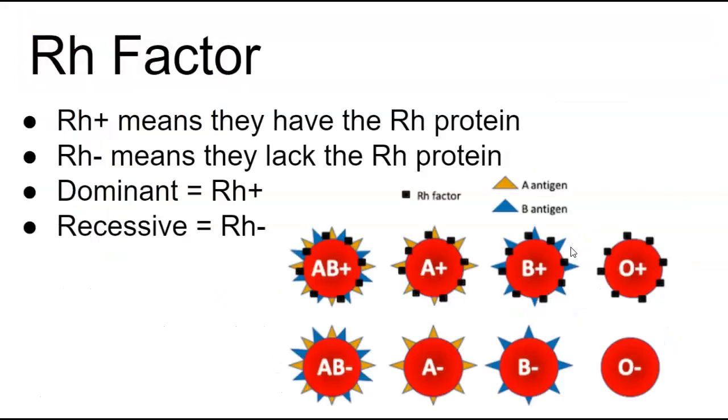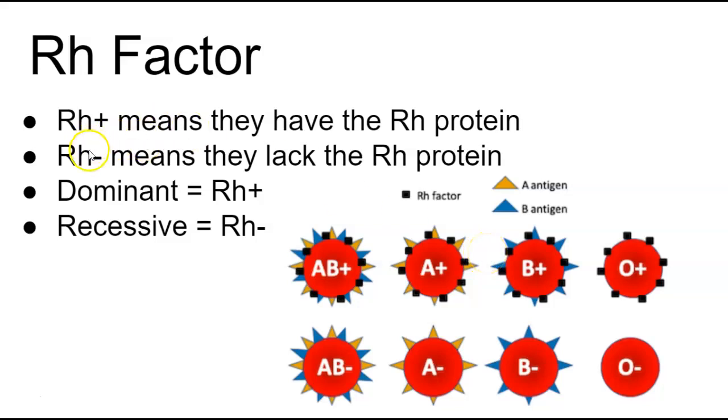All right, here is the last bit of notes we have to write down. There's also something called an RH factor, okay? We saw on these pictures that RH meant they have a positive in their name. So RH plus or RH positive means they do have that black RH protein. Now it's not actually black on the cells, but it's just black in this picture.